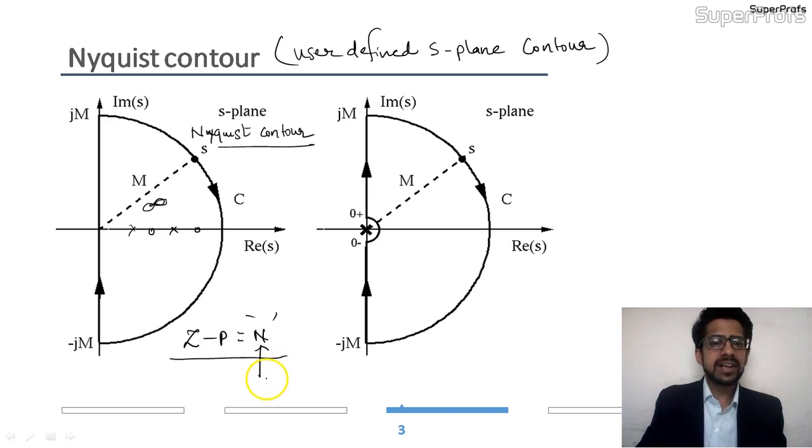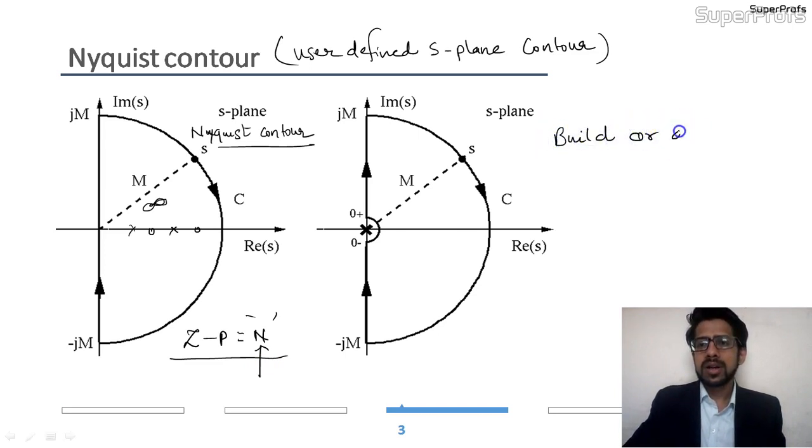Yes, we can find out the encirclements. That means I am trying to make a point to tell you all that we can build or draw the 1 plus G(s)H(s) contour.